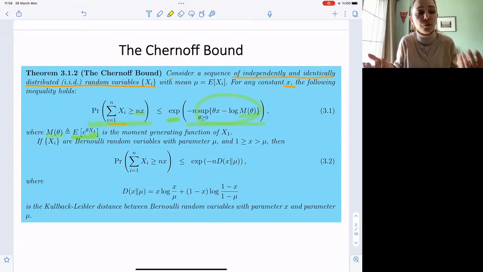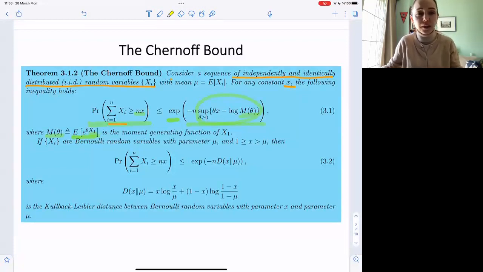So what is the purpose of the moment generating function? Basically, it lets us go from the distribution to another domain, just like the Laplace transform takes us from time domain to frequency domain, to s domain.